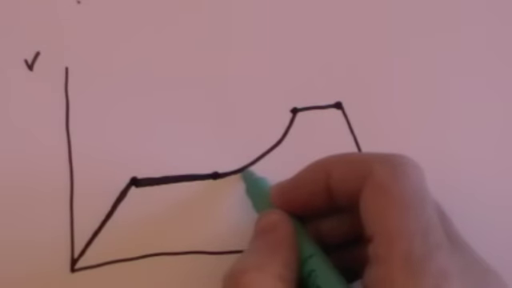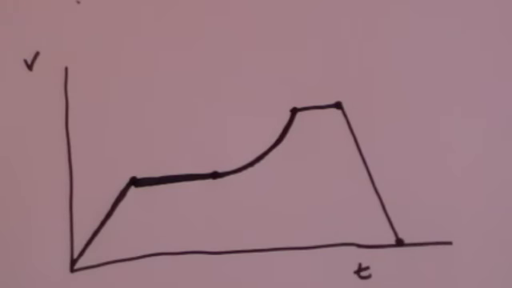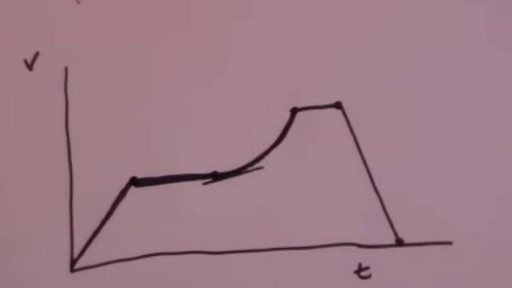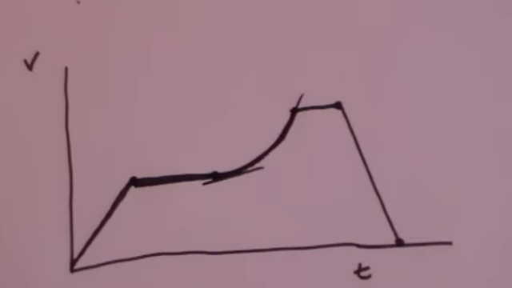The curve means that we are certainly accelerating, but the acceleration itself is increasing, because we start off with a very shallow gradient, so we've got a low acceleration, and we finish with a very steep gradient, so we have a very high acceleration.